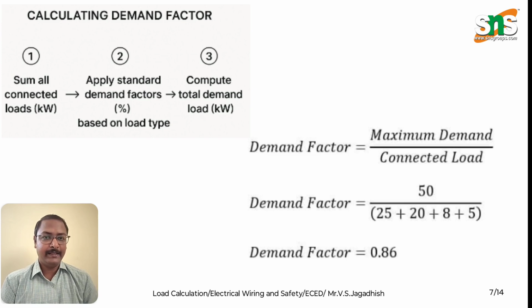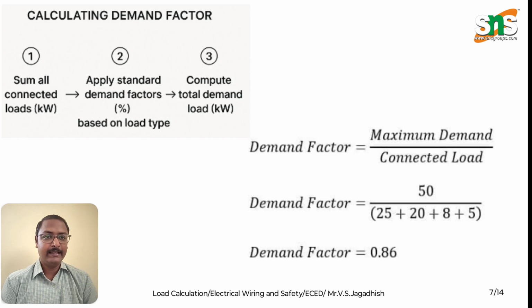I already said in the first slide what demand factor is, and here it is. It is the ratio of the maximum demand to the connected load. For example, the maximum demand is 50 kilowatt and the connected load, the sum of all connected loads, is 25 plus 20 plus 8 plus 5.